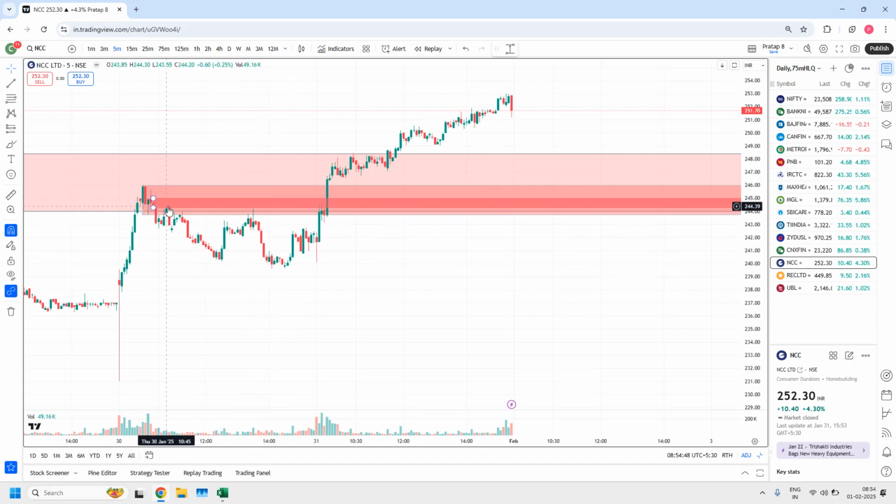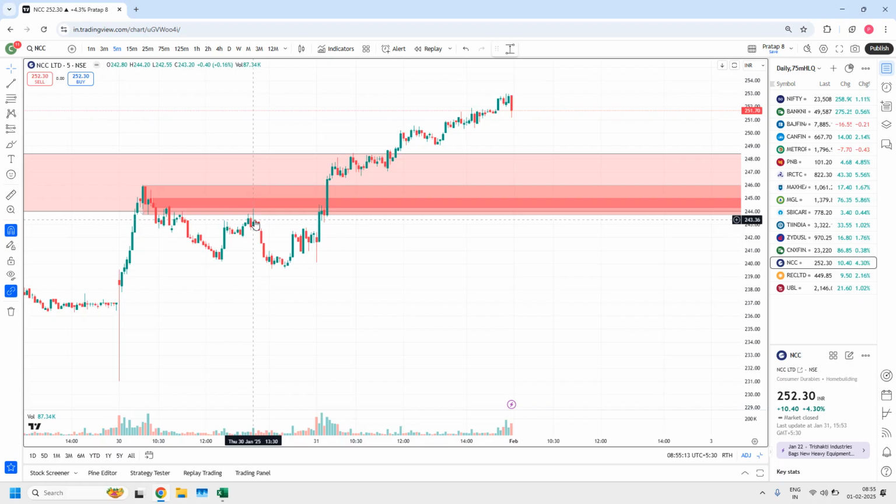And both trades happened on the same day, on 30th. See, this is 30th January 2025. It is tested and then came down. At 12:25, it reached, might have given you good profit somewhere here.